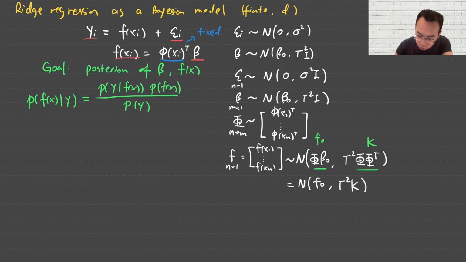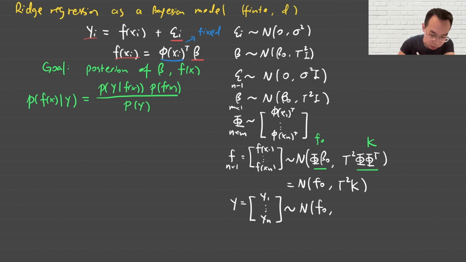Then we'll also have the Y vector, right? So the Y vector is just y1 to yn. So that's also going to be a normal distribution, right? Because here we are summing two normal distributions, that means y is also going to be a normal distribution. So that's going to be a normal with mean f0, and then we just sum the variances together because we assume that beta and epsilon are independent.